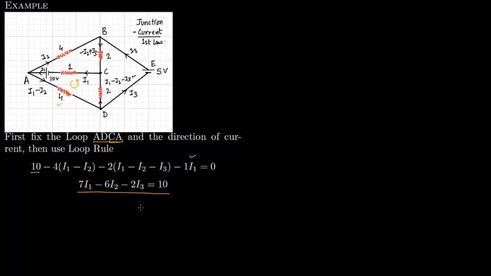Second, we focus on A, B, C, A. So this is the loop A, B, C, A. We are going from A to B, then C, then A. So the battery here is 10 volt, and again it is positive. In the loop, if you are in the same direction as the loop, you have the negative sign for the current and positive for the battery. Then you subtract 4 I2, that is the first resistance you encounter in AB, so you get minus 4 I2.